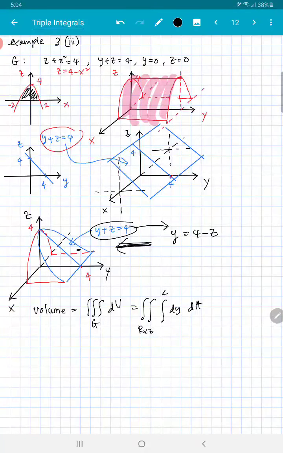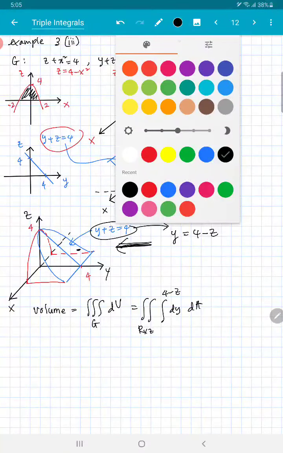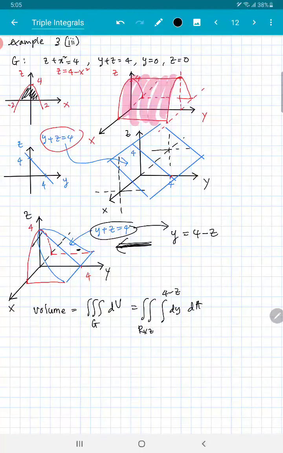That would be the upper limit for y, and the lower limit for y would be the left surface, where y is equal to 0. So here we have from 0 to 4 minus z.